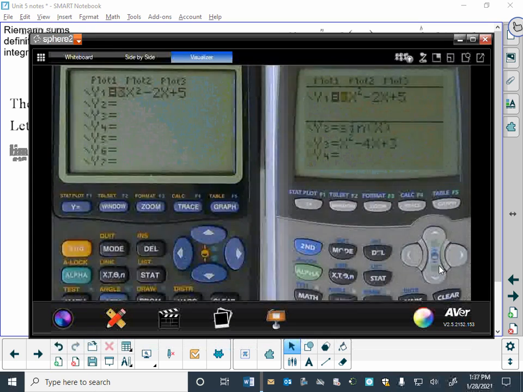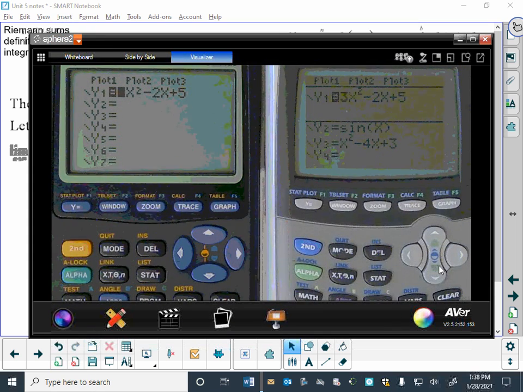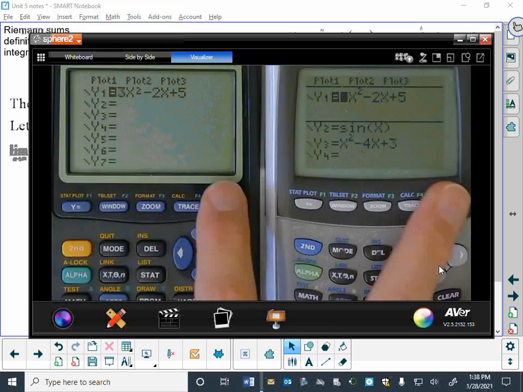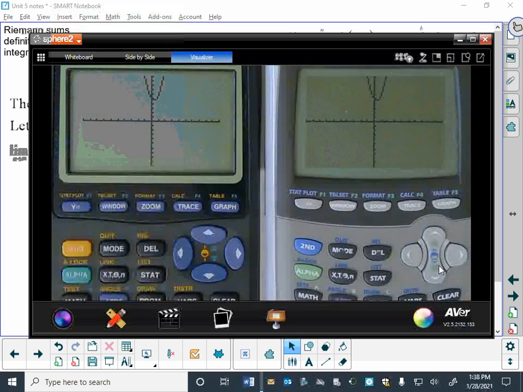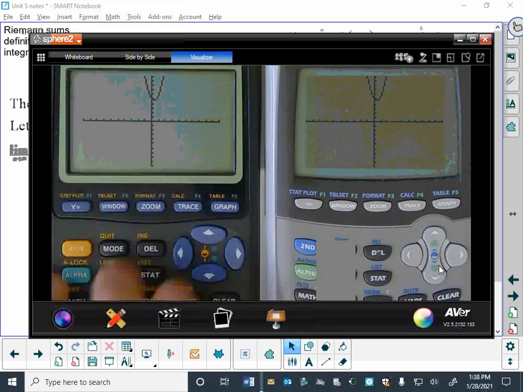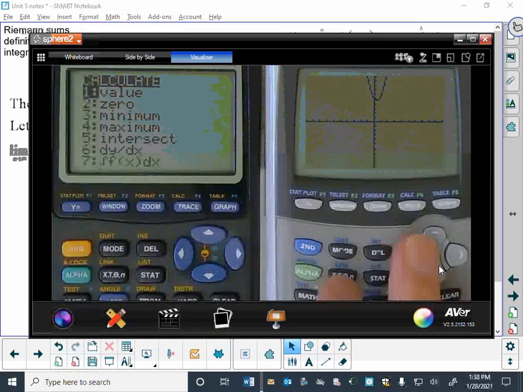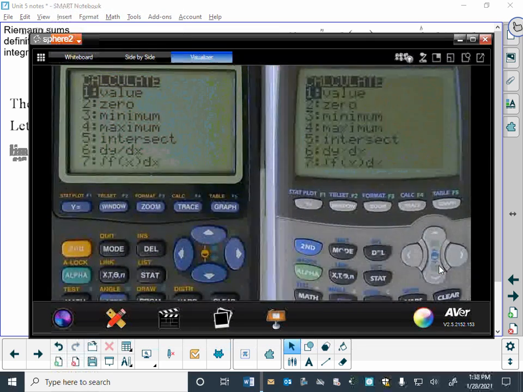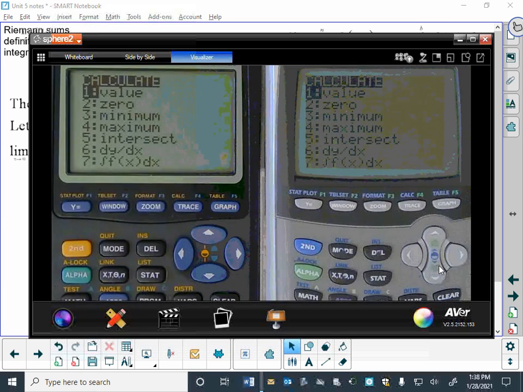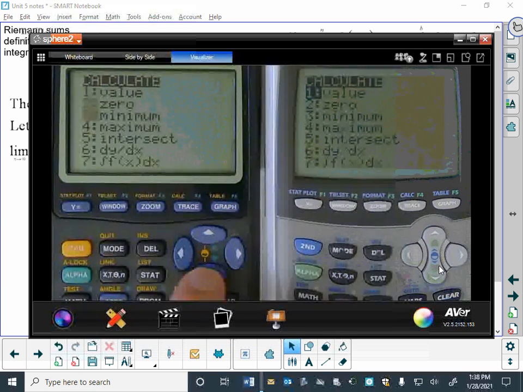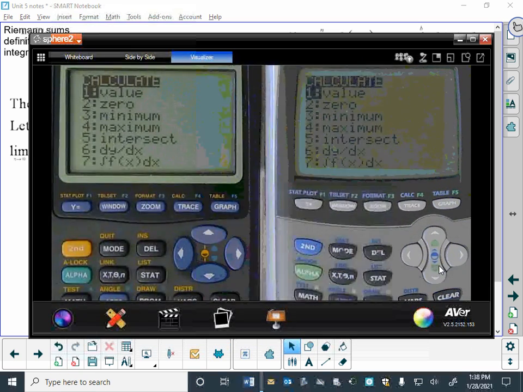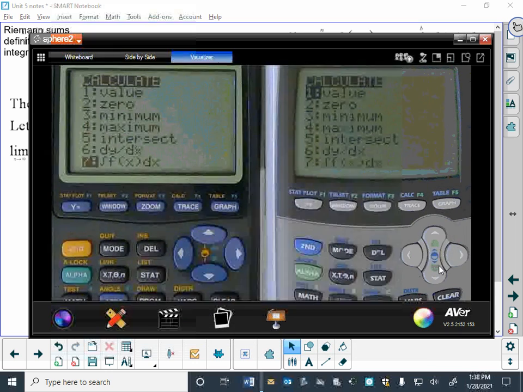Another way to do it with the calculator is to first of all graph the function. So I've got the 3x squared minus 2x plus 5 entered in both of these, and I will graph those. And then if I go to second trace to get into the calculate menu, I see that option number 7 has that definite integral, or that integral symbol on it.